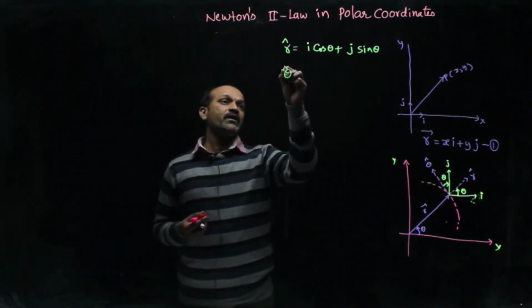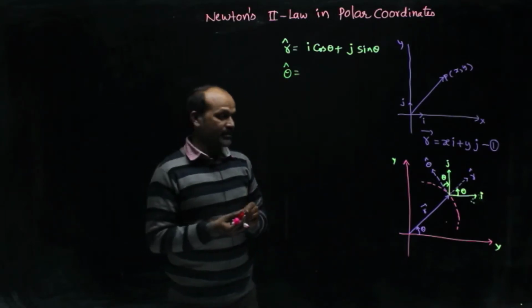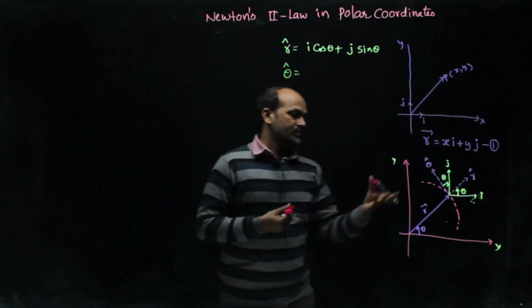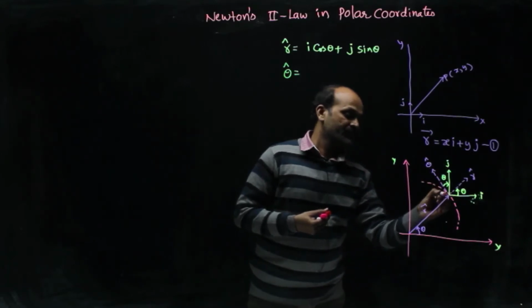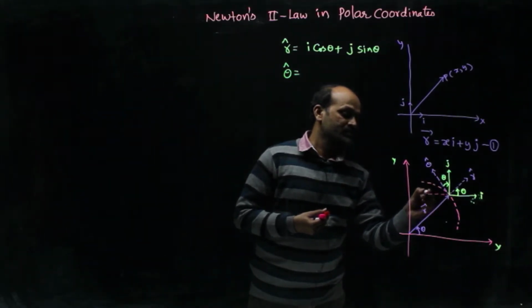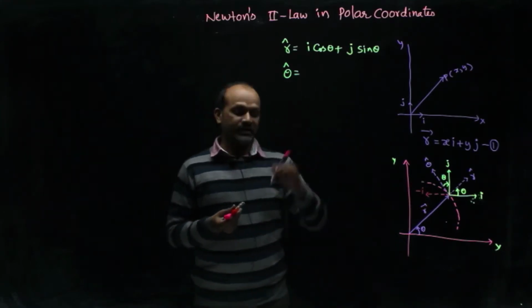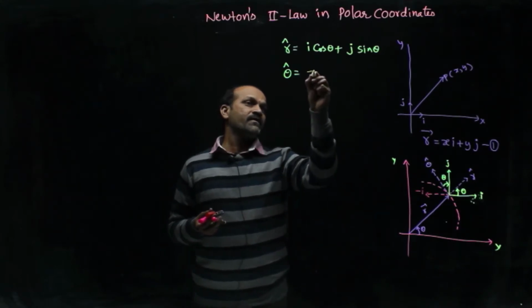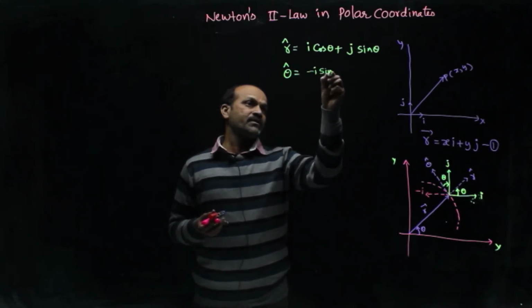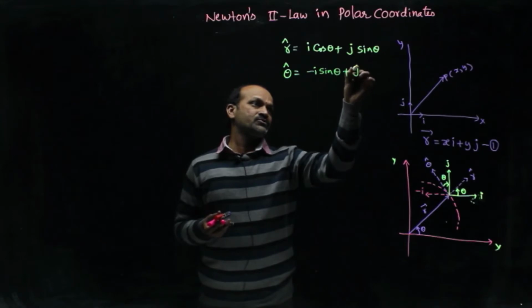Similarly, you write down theta cap. This is the theta cap, it makes theta angle with j, and the other component is in this direction, which is minus i. So theta cap is minus i sin theta plus j cos theta.